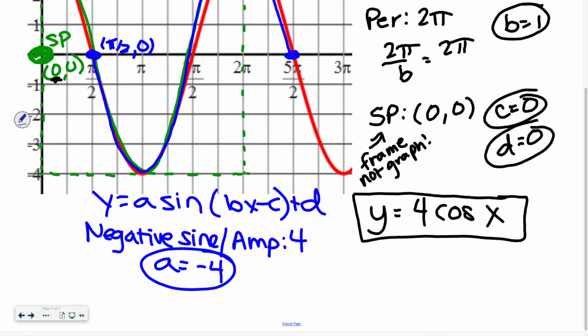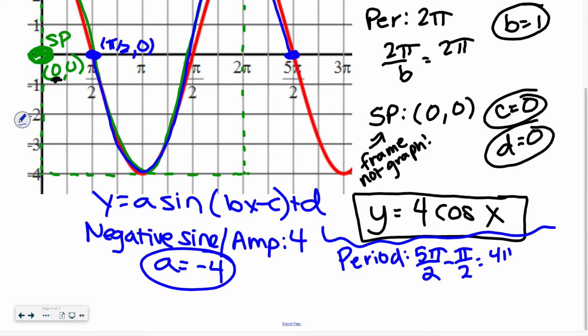Okay. If I were doing the period part and I had one of these where it doesn't start at 0 for the x, you can always find your period. The period is take your endpoint, 5 pi over 2, minus your start point x, pi over 2. That's 4 pi over 2 or 2 pi.